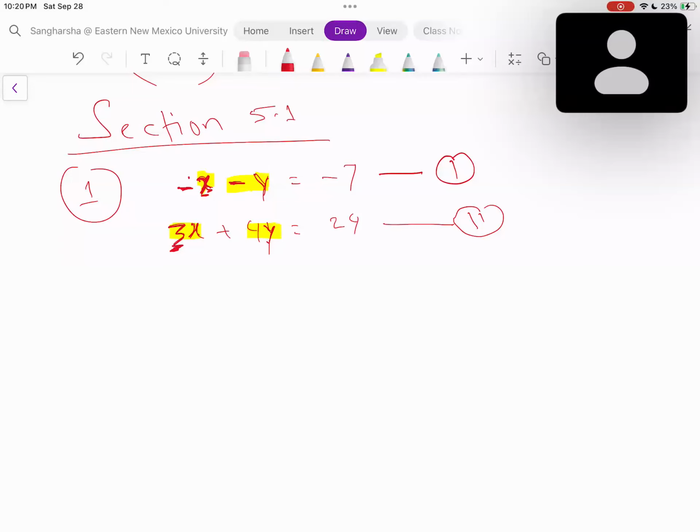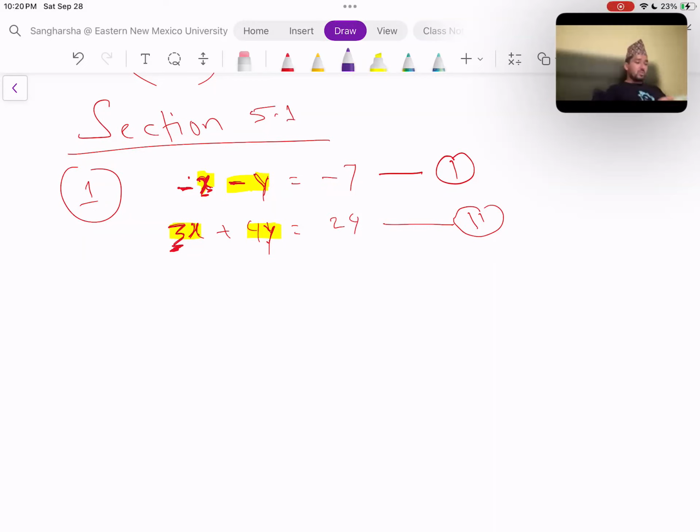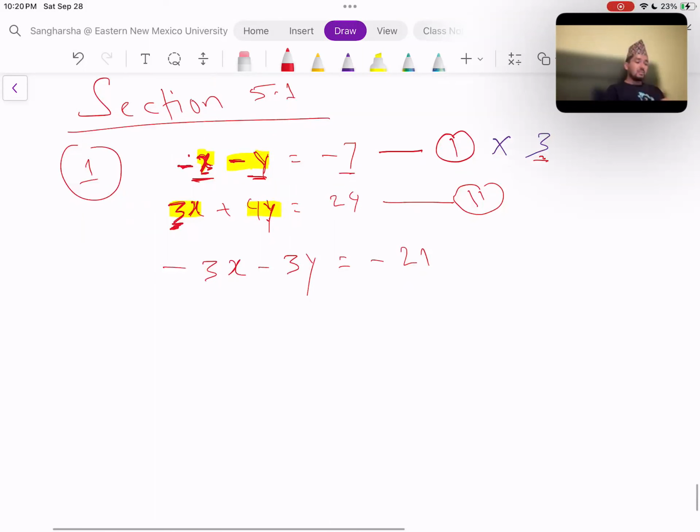That's right. Whenever you are multiplying, make sure you are multiplying every term of this equation. So you are multiplying equation 1 by 3. 3 times -x is -3x, 3 times -y is -3y, 3 times -7 is -21. So make sure you are multiplying everything on both sides.